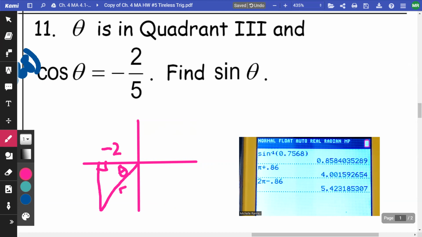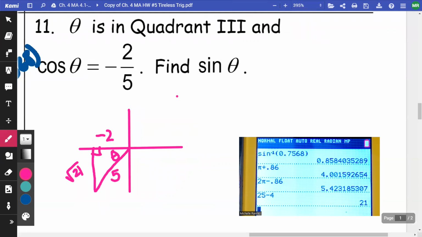That's where my negative goes. My hypotenuse is going to be 5. I'm going to go 25 minus 4, which is 21, so this is going to be the square root of 21. And so when they ask me for sine, it is going to equal root 21 over 5.